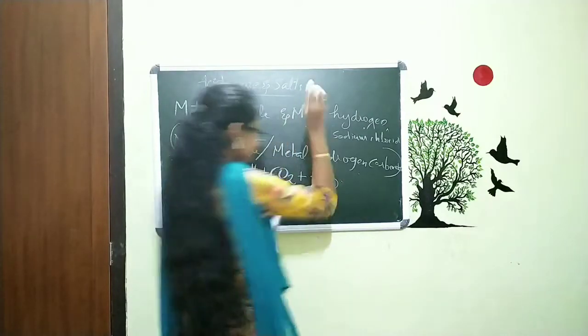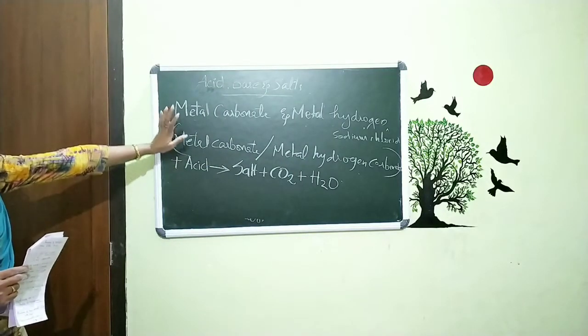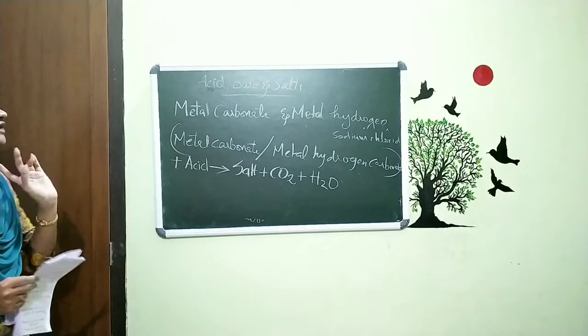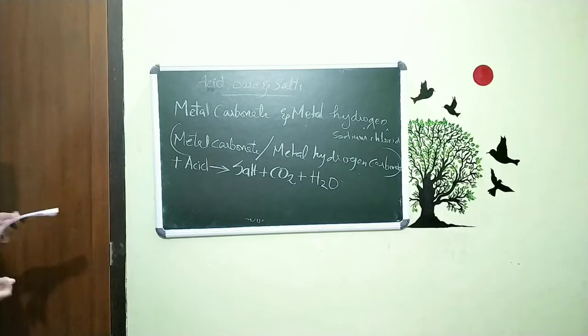So this is the general equation for this. So this is all about this area, and you want to study the equations in this region. Now this topic is over.